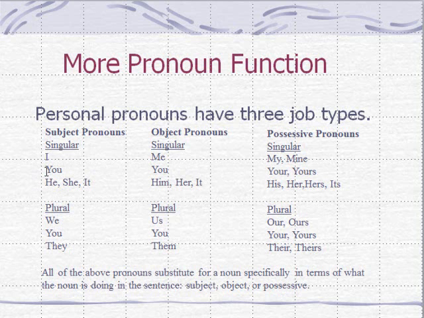So we have all 3 of these reflected on this screen. And as you can see, the pronoun changes depending on the job and depending on whether it's singular or plural. With possessive pronouns, you see that we actually have multiple words that could serve for these same jobs as singular or plural, and it depends on where the pronoun is in the sentence, and that's a different lecture entirely. But this gives you an overview of the pronoun.